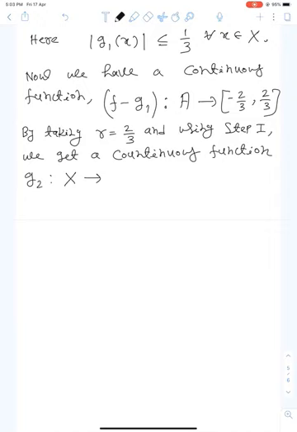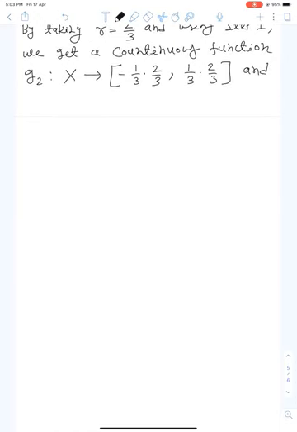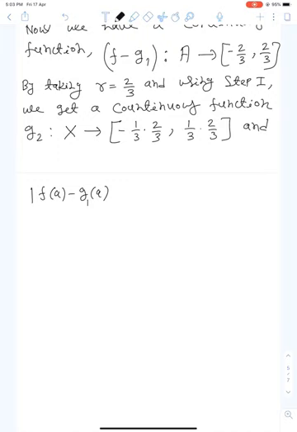Here my r is 2/3, so it will be (-1/3 × 2/3, 1/3 × 2/3). And |f(a) - g1(a) - g2(a)|, where f - g1 was my previous function, is less than or equal to 2/3 × r.